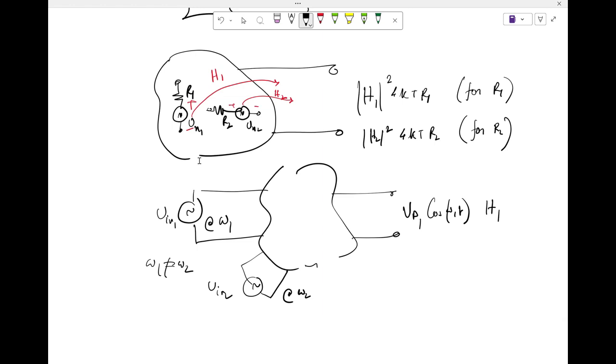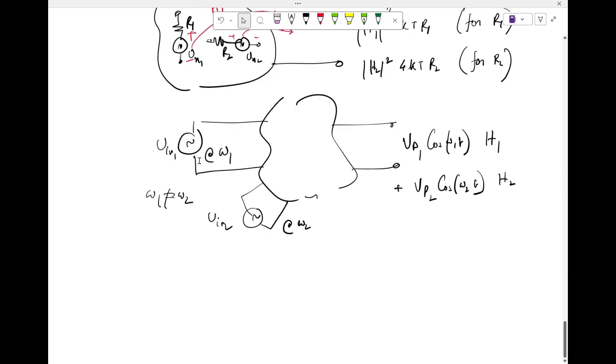If you have a vector, then you have another term, plus Vp2 cosine omega 2t times h2, correct? And if I have to do the power of this combined signal, then what do I do? I square it and take an average of that. Correct?